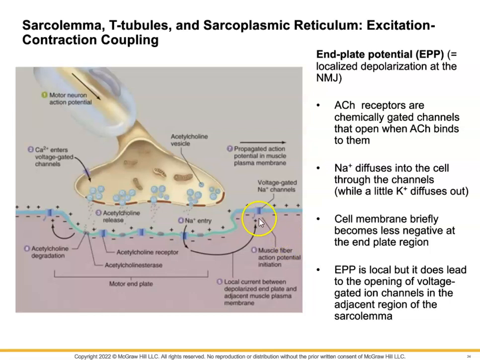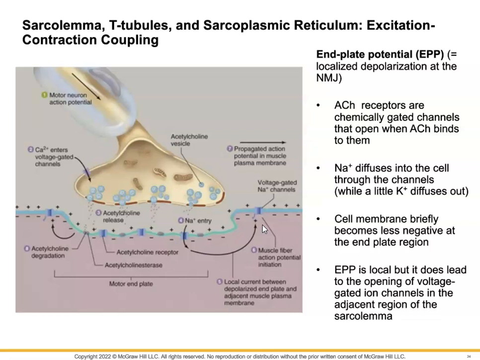So the end plate, of course, is just this area right here of that muscle cell membrane. So an end plate potential is the minimum voltage change in the motor end plate that will trigger the opening of voltage-gated channels to initiate an action potential.